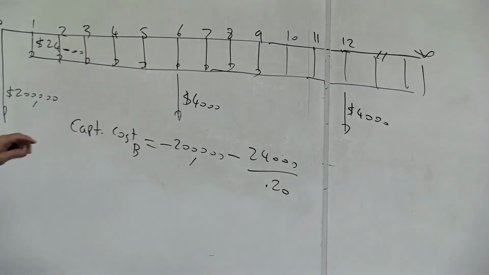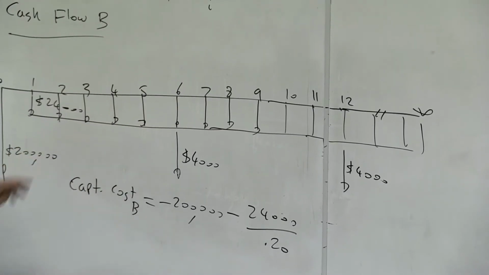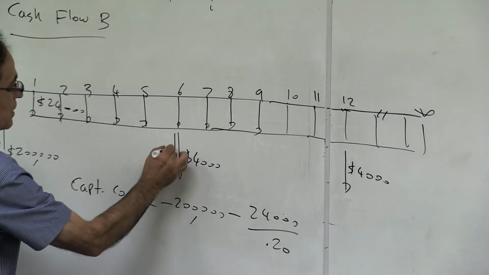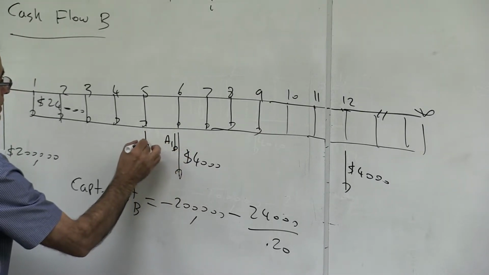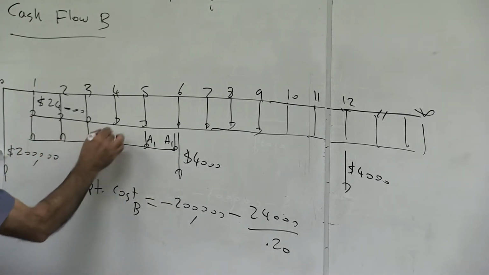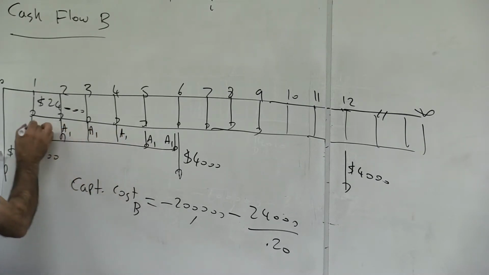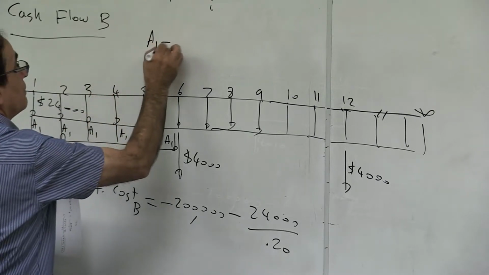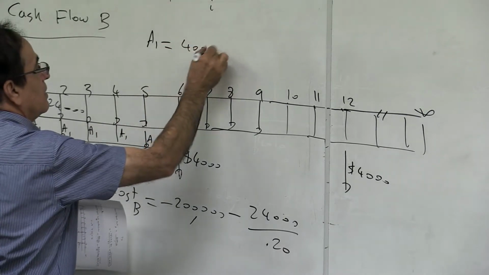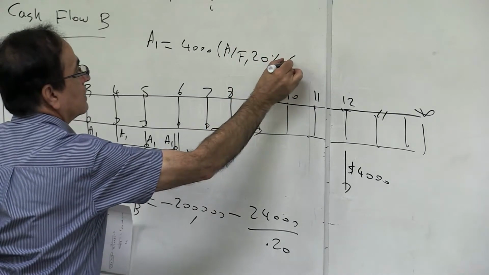For that part, because it's not the end of every year, you cannot use this equation directly. So what you have to do is make this one uniform. I'm trying to make this 4,000 uniform from year 1 to 6. I'm going to call this one A1, A1, A1. So that's a uniform payment. And the size of A1, because remember the future value is given and you're trying to make it uniform, is nothing more than 4,000 times A given F, 20% and 6 periods.